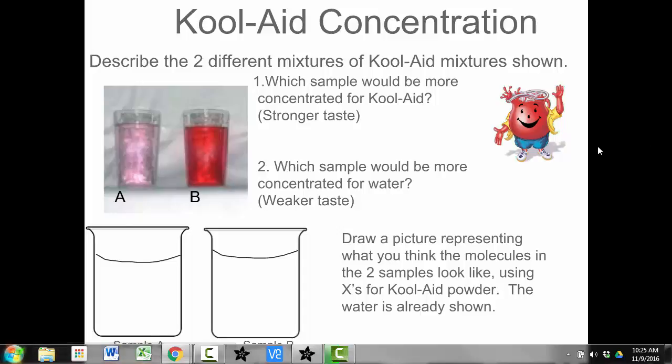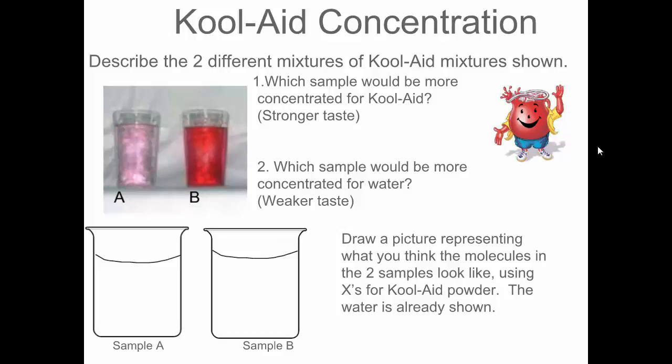So we're going to use Kool-Aid as an example here. Depending on how much water and how much Kool-Aid powder you use, you end up with different types of solutions. Which one would have a stronger taste? What we would say is that it's more concentrated.